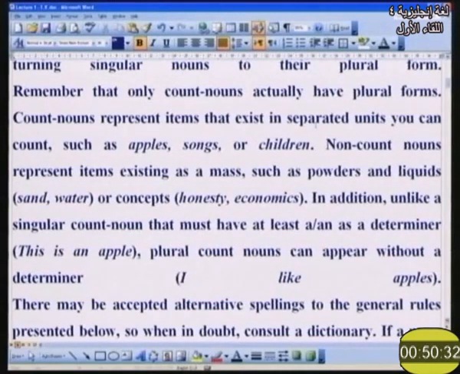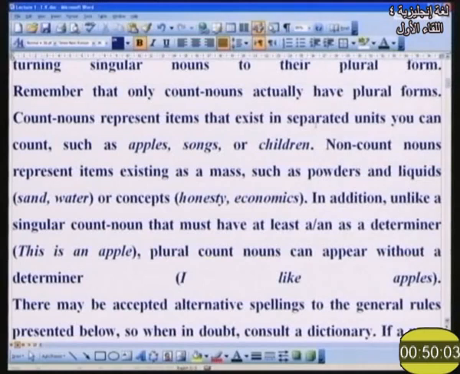The other type that is not counted is called uncountable nouns. These do not take plurals, and they represent items that exist as a mass. They cannot be counted because they are not separated. They are like a mass, such as powders, liquids, for example, water, sand, oil, ink, sugar, tea, all of these cannot be counted because they are a mass.